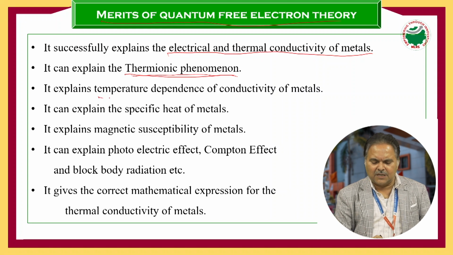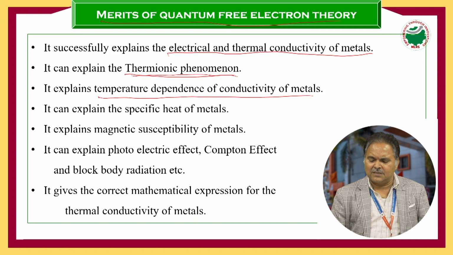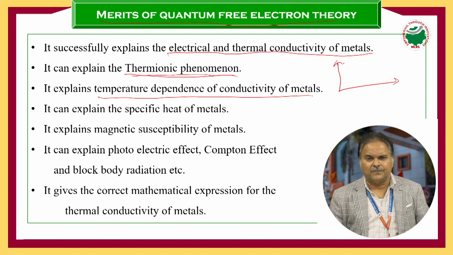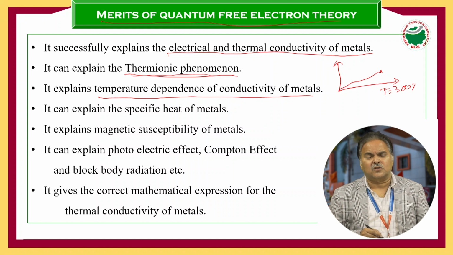Similarly, the temperature dependence of the conductivity of metals. Usually the conductivity of metals at room temperature has very small values; semiconductors and insulators have high values. At room temperature, T is equal to 300 K. If it is low temperature, how will it behave? It decreases slowly on the lower temperature side.